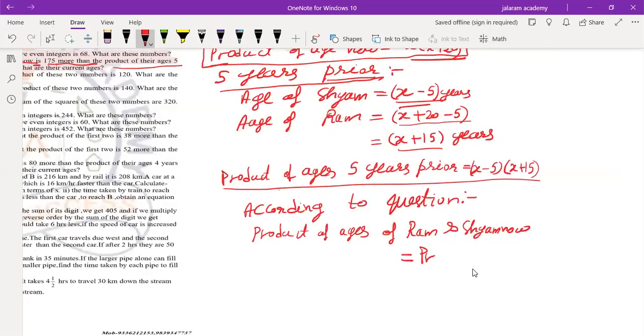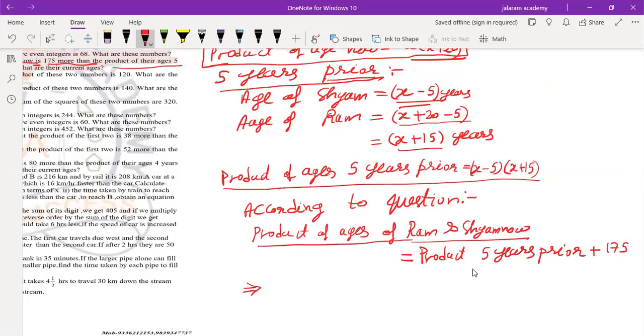In short, we write product 5 years prior. On the left hand side, we have product of ages of Ram and Shyam now is equal to product 5 years prior, and 175 more than that means adding 175 to it. So it is very easy now.